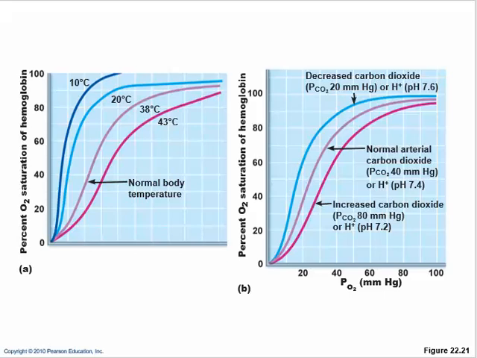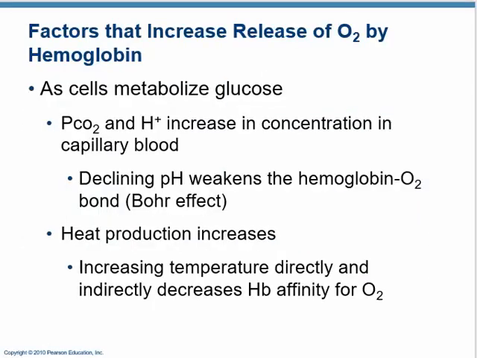And the tissue is easier to load in the lungs. So this declining pH is called the Bohr effect, and so heat production increases and decreases the affinity for O2. pH, acidity, Bohr effect.